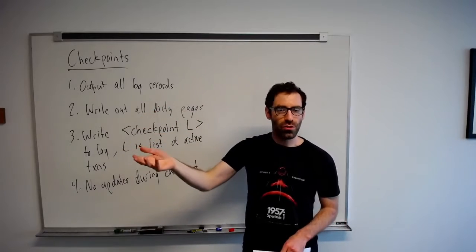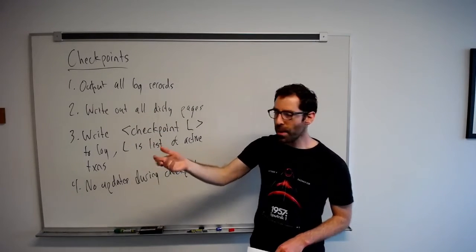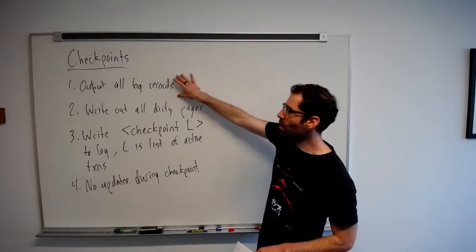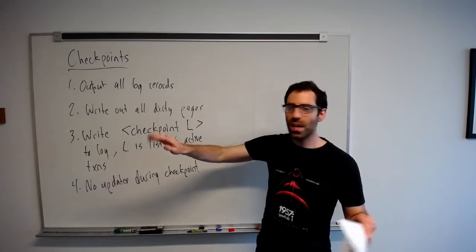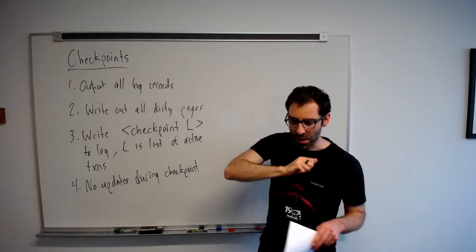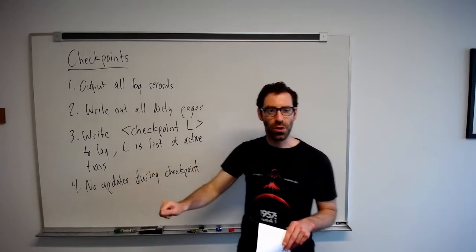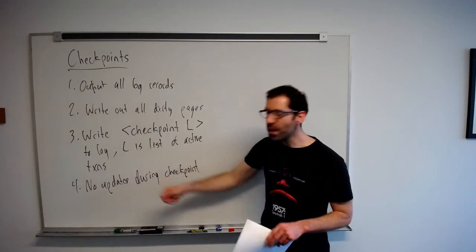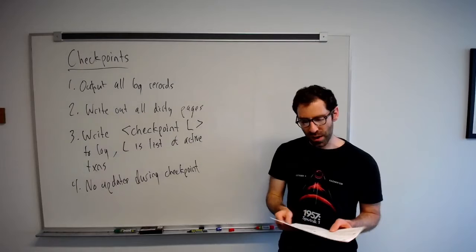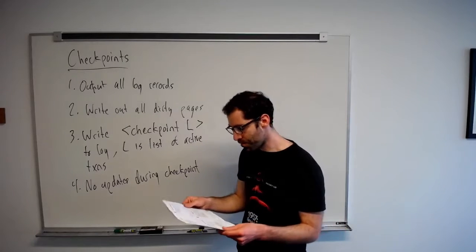We're going to wait for all currently running transactions to stop, and then we're going to basically freeze the database while we go through and make sure that everything is durable on disk. And then once this is complete, we can allow transactions to start running again.